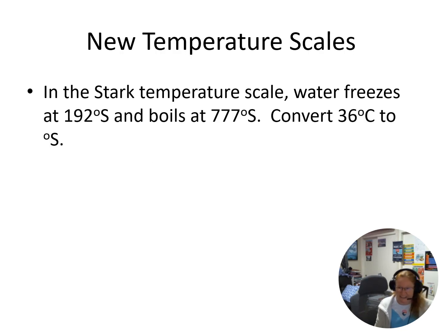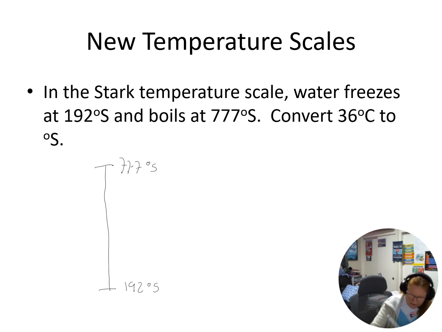So what this means is we can do a completely fake conversion. So let's say we have this new temperature scale, the Stark temperature scale. Here, water freezes at 192 degrees Stark and boils at 777 degrees Stark. So we want to convert 36 degrees Celsius to degrees Stark. Okay, so if we have our thermometer here, for our Stark, our freezing point 192 versus 777 for the boiling point.